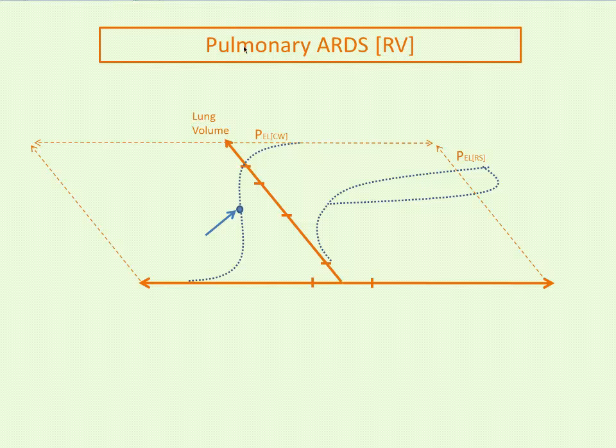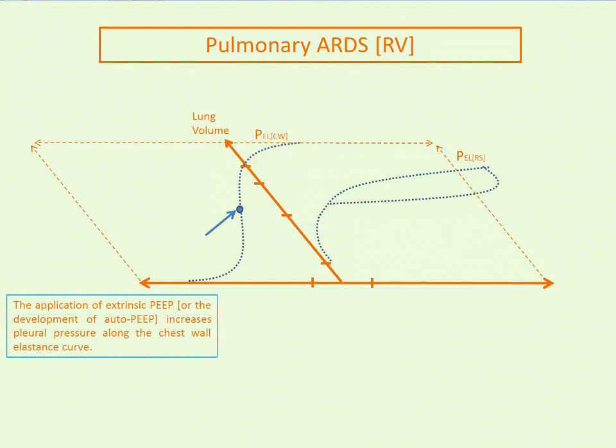So what I'm going to do is run through the application of PEEP on the respiratory system here. You're going to start at FRC, and remember, as I mentioned, in the passive paralyzed patient, some nice alliteration for you, the pleural pressure follows the chest wall elastance curve.